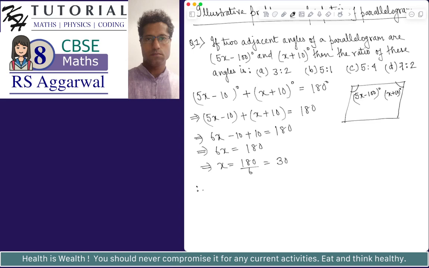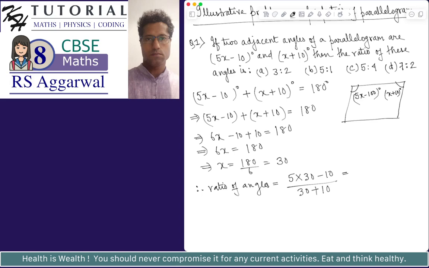So therefore, the ratio of angles will be equal to, the first adjacent angle is 5x minus 10. So the first angle will be 5 times 30 minus 10. And the other adjacent angle is x plus 10. So x is 30 plus 10.